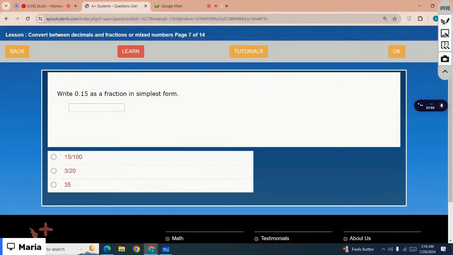Write 0.15 as a fraction in simplest form. Which is the correct option?